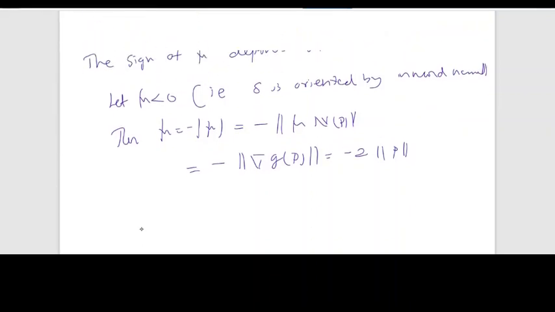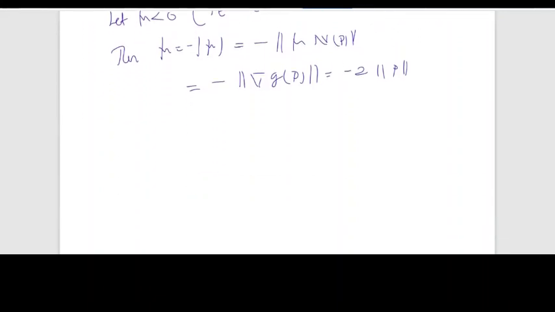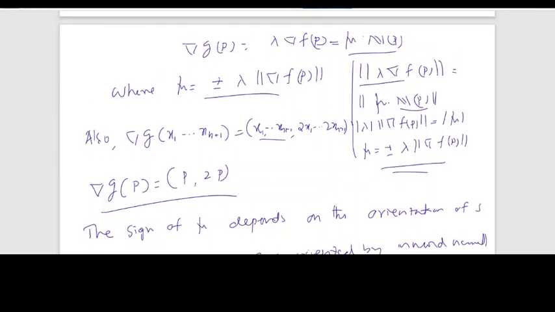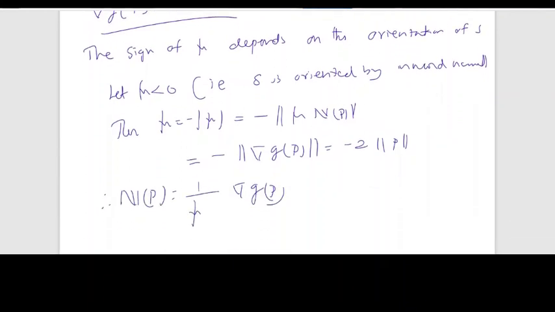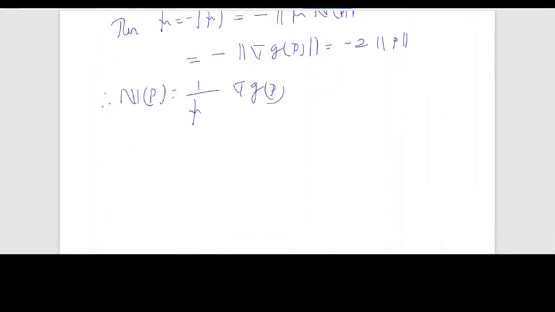We have del g of p equal to mu N of p. So N of p equals 1 by mu into del g of p.